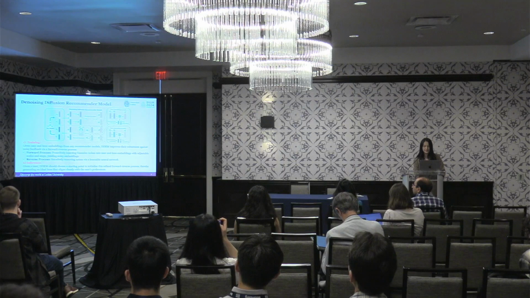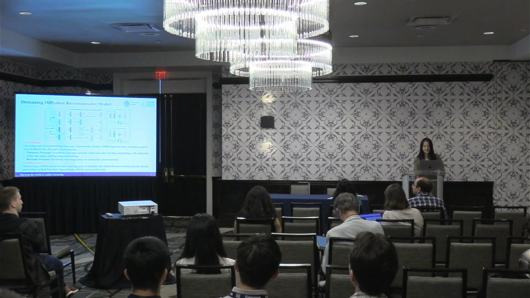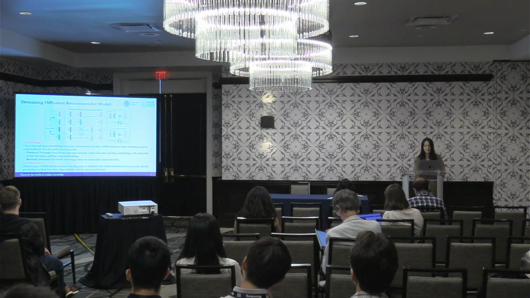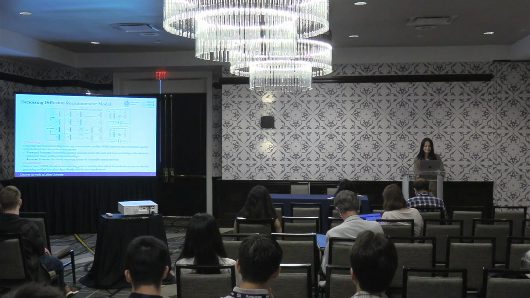In the forward process, we proactively inject Gaussian noise into the user and item embeddings with adjustable scales and steps. The reverse denoising process then iteratively removes noises via a learnable neural network. Then during the inference phase, given a user, DDRM chooses a starting point to initialize this refined forward-reverse process, thereby generating an ideal item that aligns closely with the user's preference.